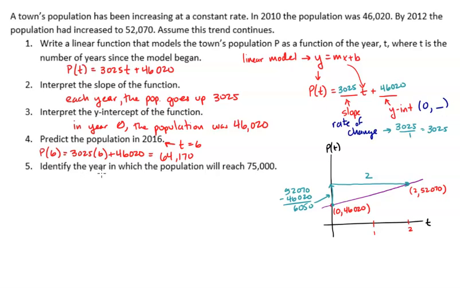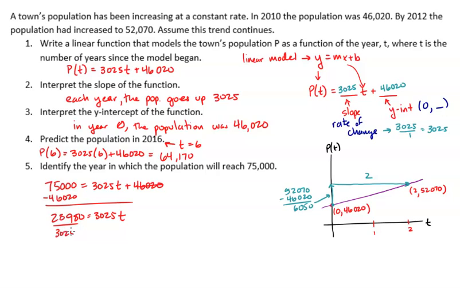And then if I want to know what year it's going to get to 75,000 people, I'm just going to set the population equal to 75,000 and solve this equation. So if I subtract 46,020 from 75,000, that's going to go away, and I'll have 28,980 equals 3,025t.